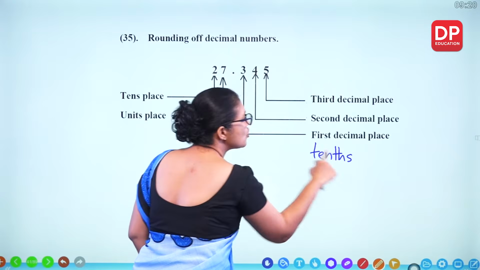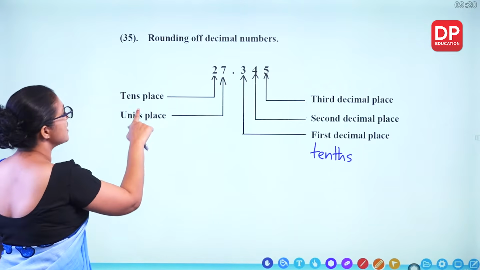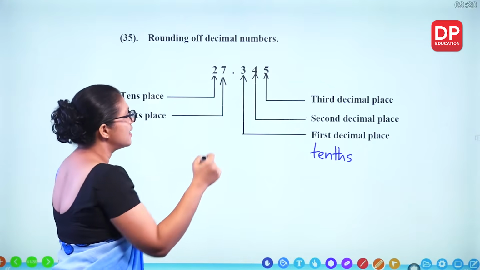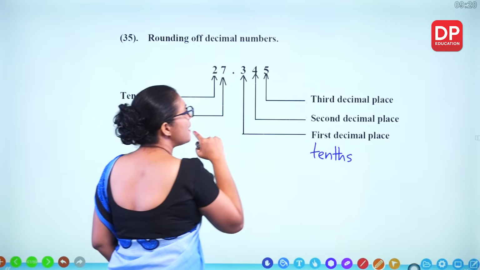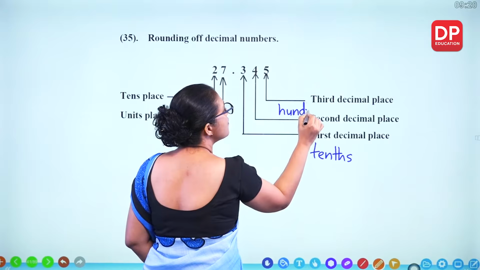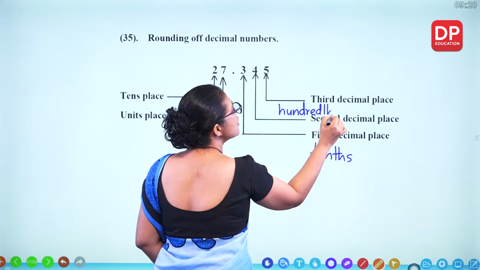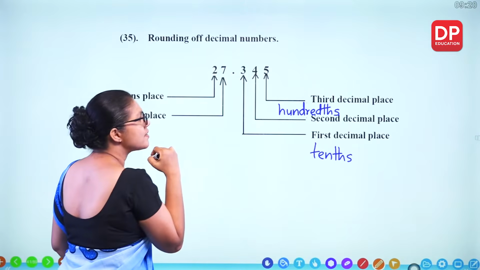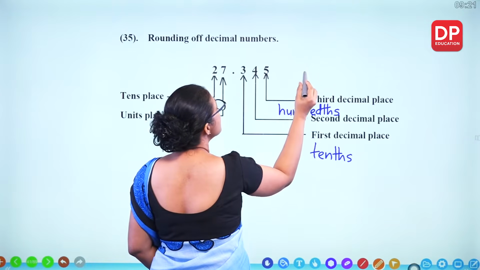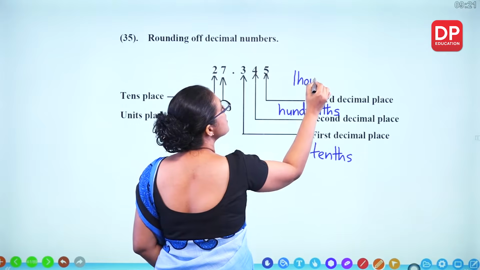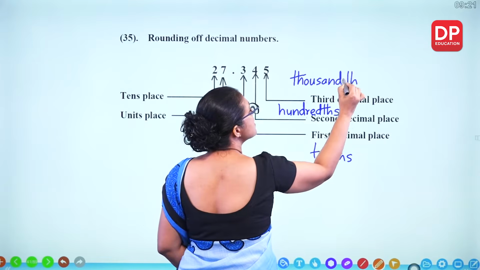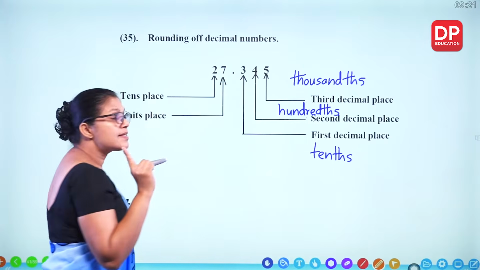We put THS instead of S here. Instead of tens, this is tenths. Second decimal place, what do you call that? Hundredths place. We put THS. And the third decimal place we can write as thousandths place. 1000 and then put THS.